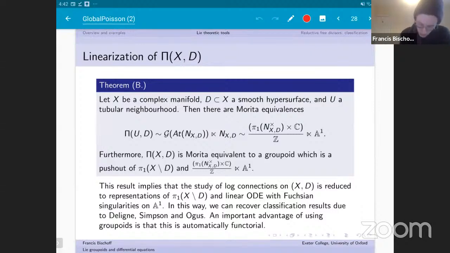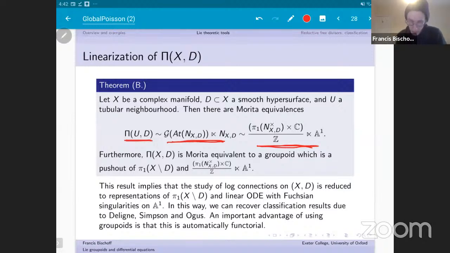First of all, if we have a complex manifold X with a smooth hypersurface D, and U is a tubular neighborhood, then there are Morita equivalences between the twisted fundamental groupoid of the neighborhood and a linear approximation. And in fact, there is a further Morita equivalence to an action groupoid for the linear action of a group on the affine line.